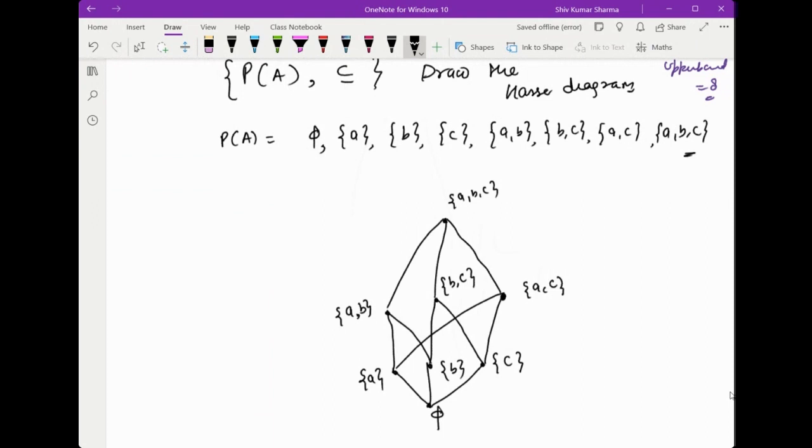So this is the Hasse diagram for the given power set of A. This also has a unique lower bound and upper bound, and minimal element and maximal element also. Lower bound is φ, upper bound is ABC. And same for minimal and maximal.